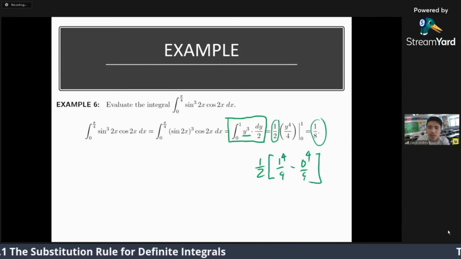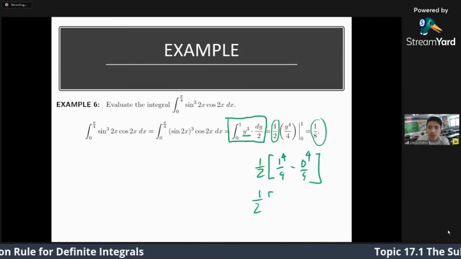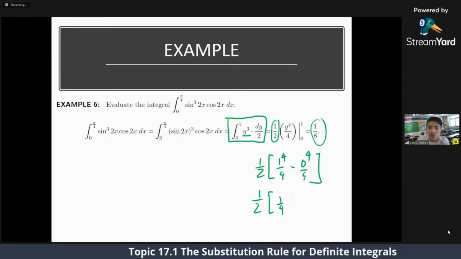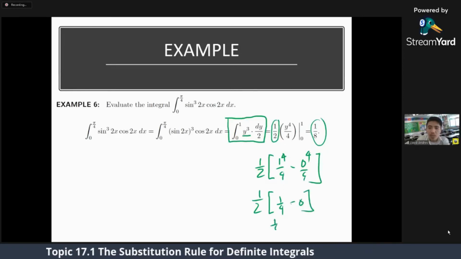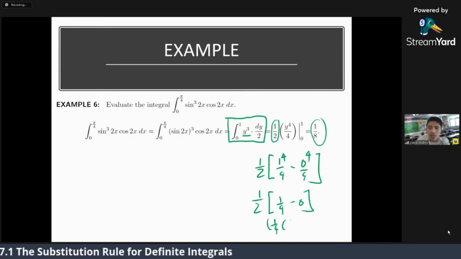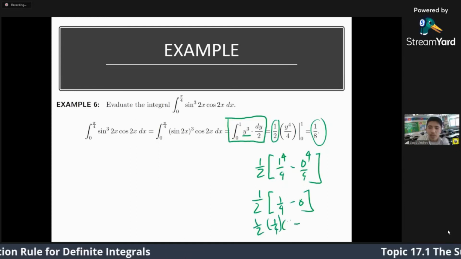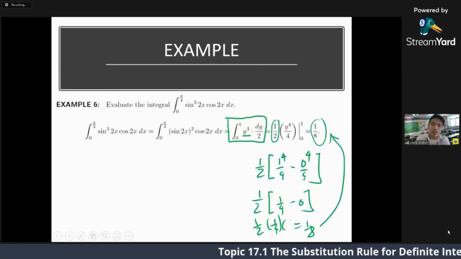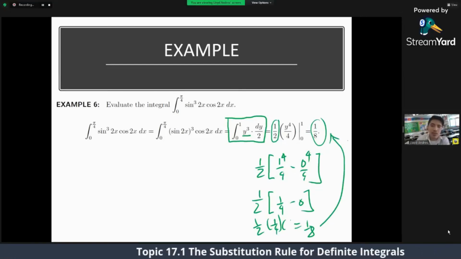And that is 1/2 times 1/4, minus 0, which is 1/8. So the answer is 1/8. We just skipped a bit and solved it directly.